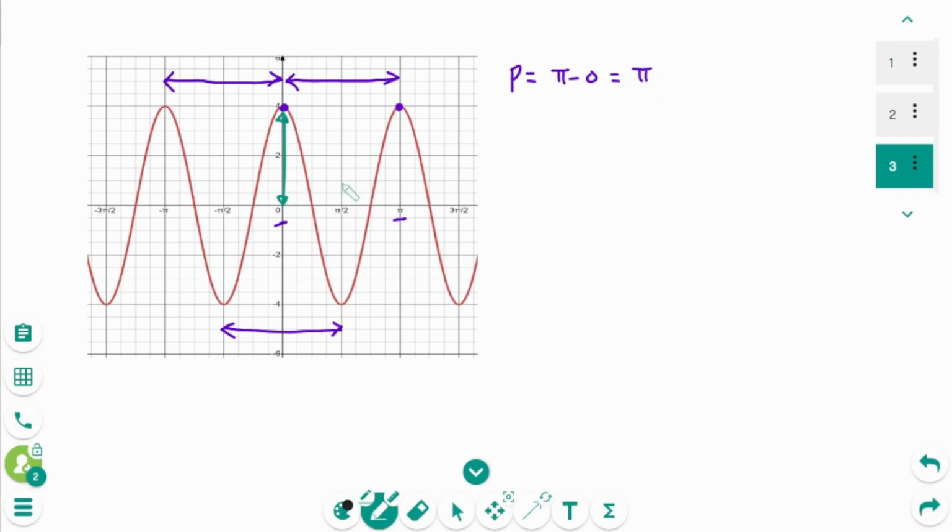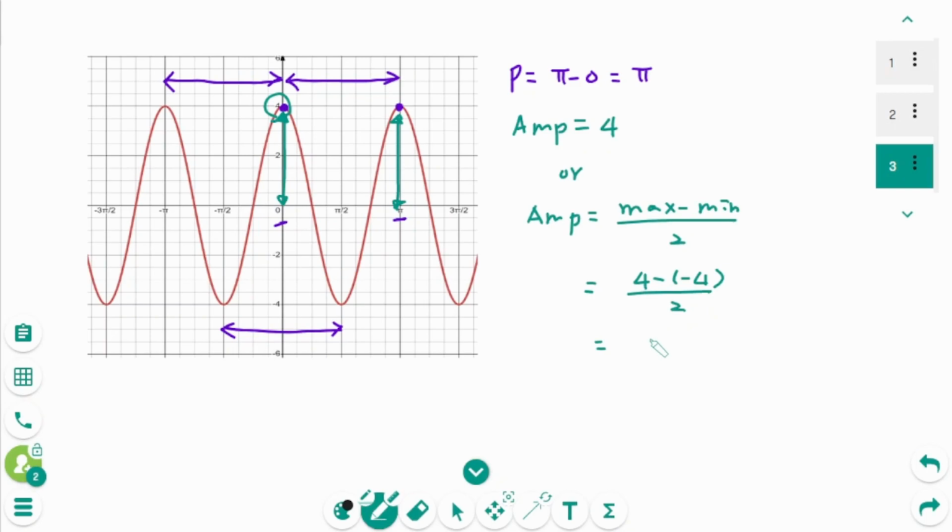This is the amplitude, which is 4. Or use the formula maximum minus minimum over 2. Then maximum is 4, minus minimum is minus 4, over 2 is 8 over 2, which is 4.